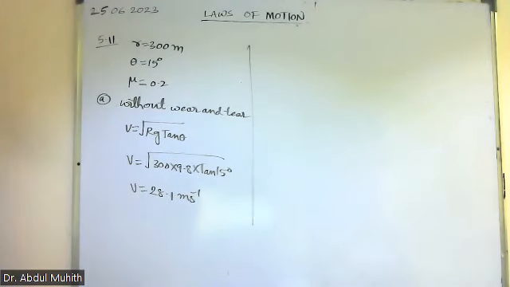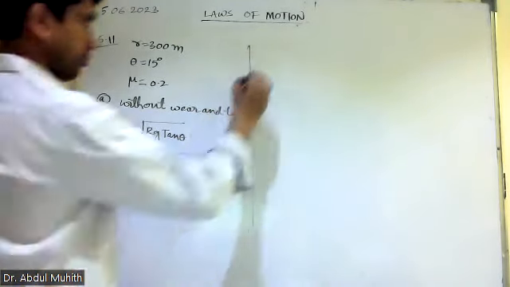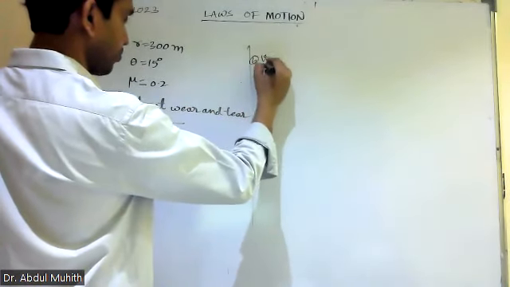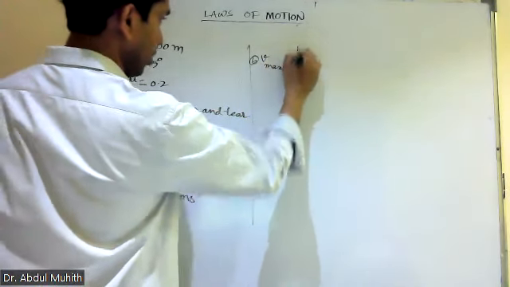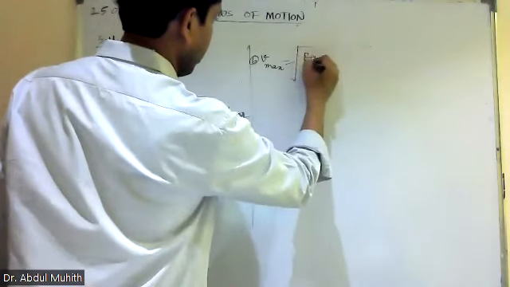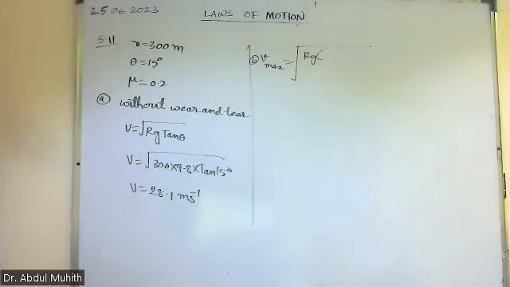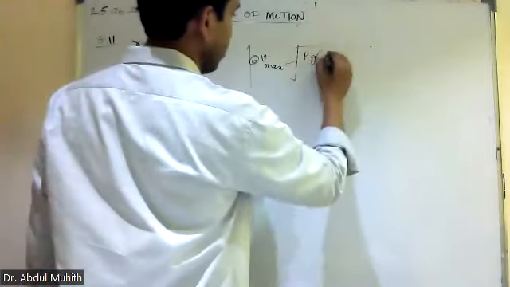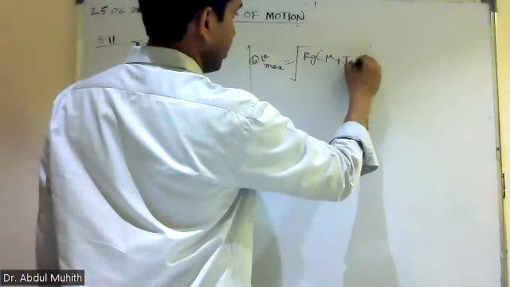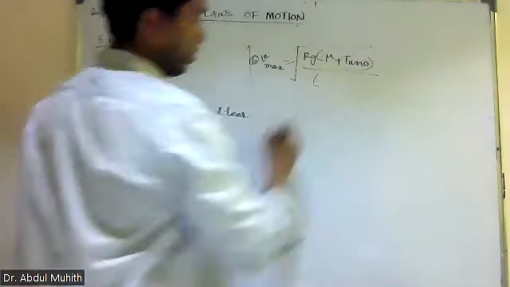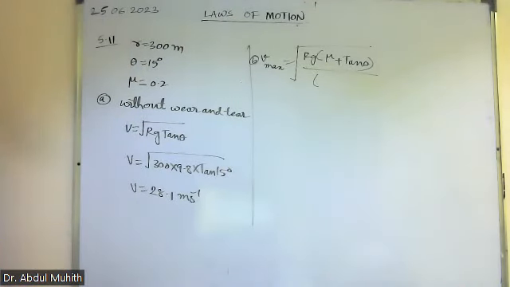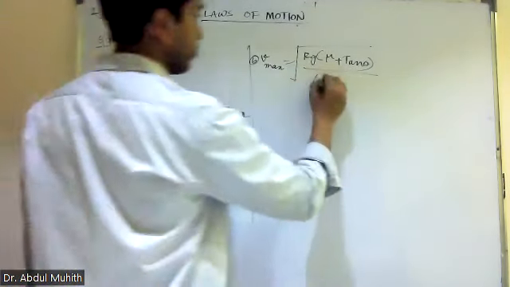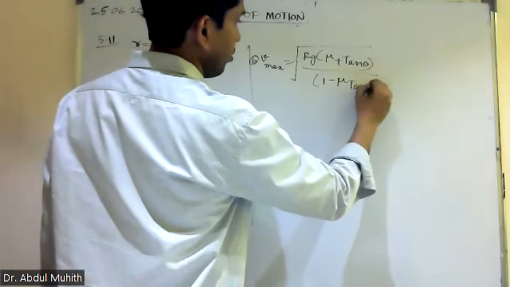Now the second one. The second part is v max equal to under root of r g into mu plus tan theta divided by 1 minus mu tan theta. This is with friction.